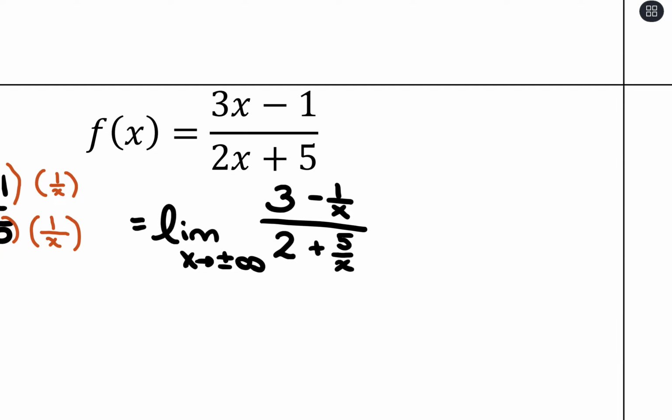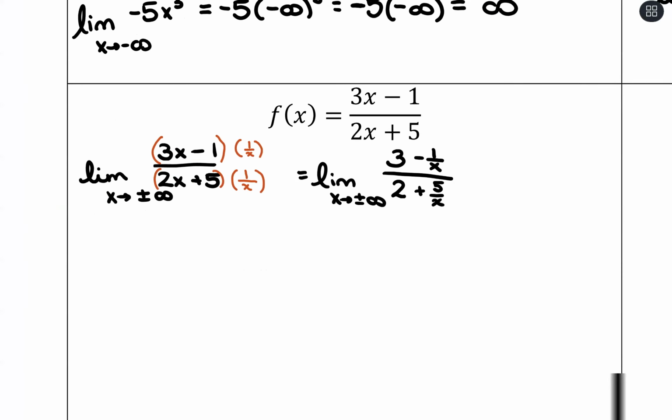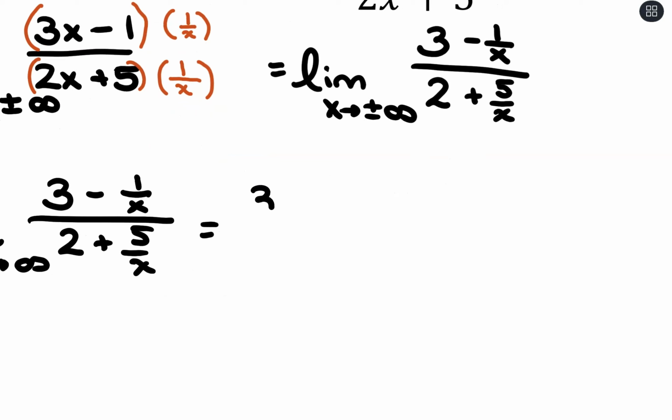Now I'm going to talk about plugging in infinity, and let's look at the positive one first. The limit as x approaches positive infinity of (3 - 1/x)/(2 + 5/x) comes down to evaluating (3 - 1/infinity)/(2 + 5/infinity).